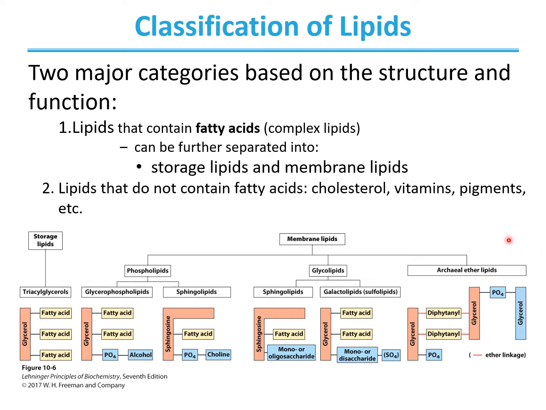As you can see here on this diagram, these are storage lipids, where you can see 3 fatty acids esterified on the glycerol backbone. But fatty acids also can be found esterified in membrane lipids of different nature. And you have another category of lipids which do not contain fatty acids, and these would be cholesterol, as I showed earlier, these isoprene type molecules. They can be vitamins, those are hydrophobic vitamins, pigments, etc.